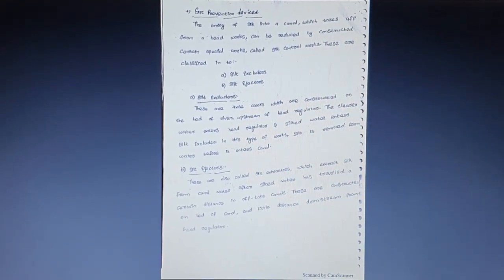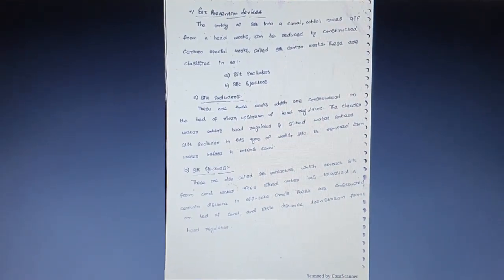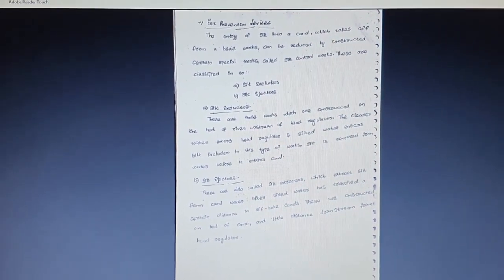The next component of your diversion head work is the silt prevention device. It consists of silt excluders and silt ejectors. Silt excluders are constructed on the bed of the upstream side, near the head regulator, and they remove the silt particles before the water enters the canal section.